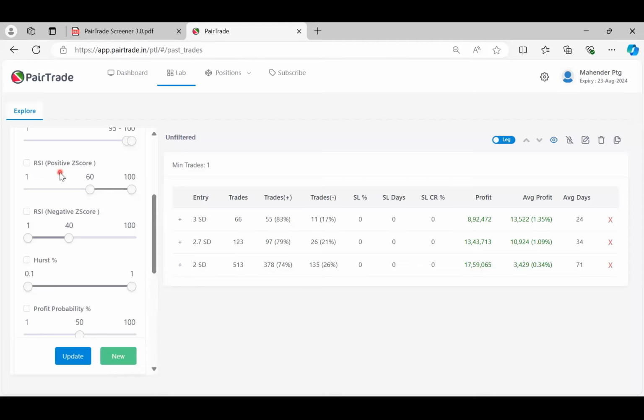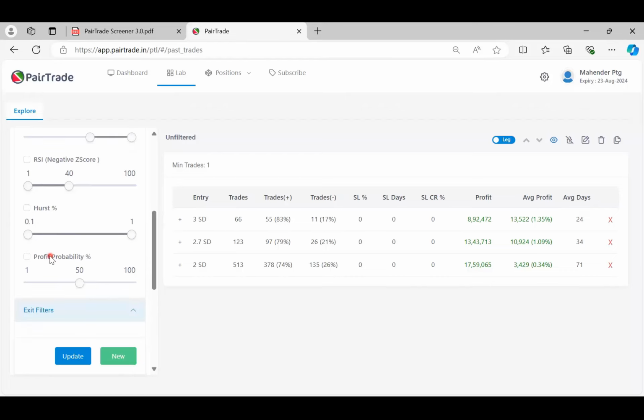At that time, the RSI would be different. For a pair with a positive z-score, generally the RSI would be on the upper side, above 50, like 60, and similarly for negative it would be below the 40 level. So RSI has different values for negative and positive. Then there is Hurst, then profit probability.